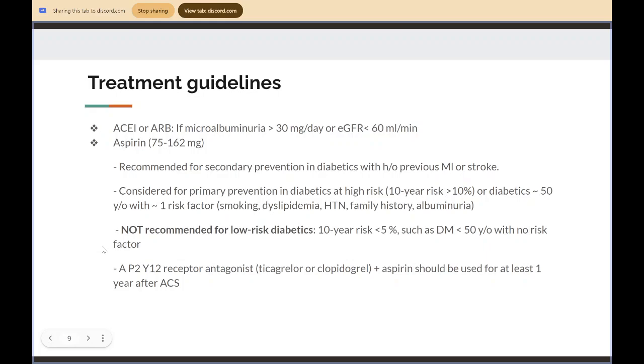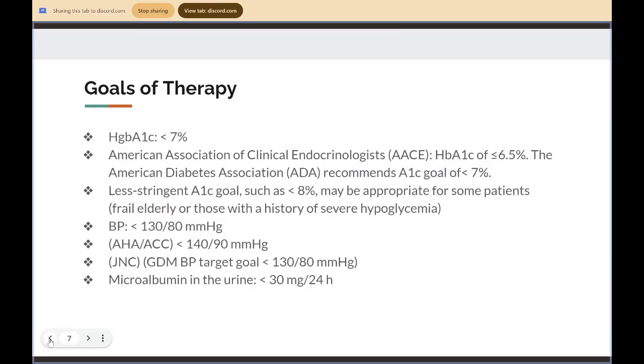I cannot give you a definitive answer for the BP because both values are used, 140 over 90 and 130 over 80. So unfortunately, I don't have a definitive answer for the blood pressure. I would say maybe remember both sets of numbers and evaluate the question based on that.